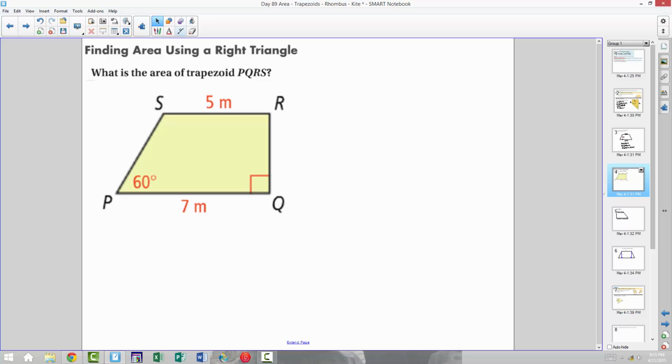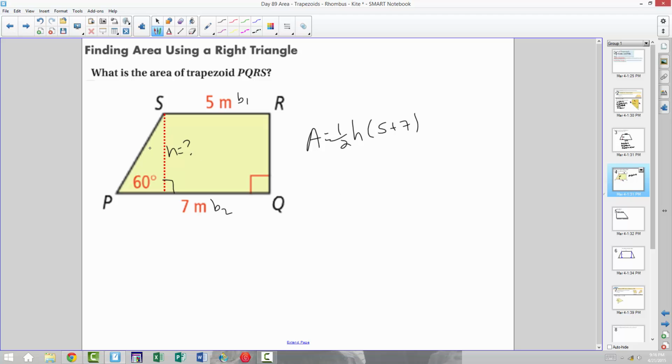Well, I can find my height, so I'm going to draw one in. There's my height. I'm missing it. I have B1 and I have B2. So area equals half of H times 5 plus 7. I'm missing the H. I don't know the area.